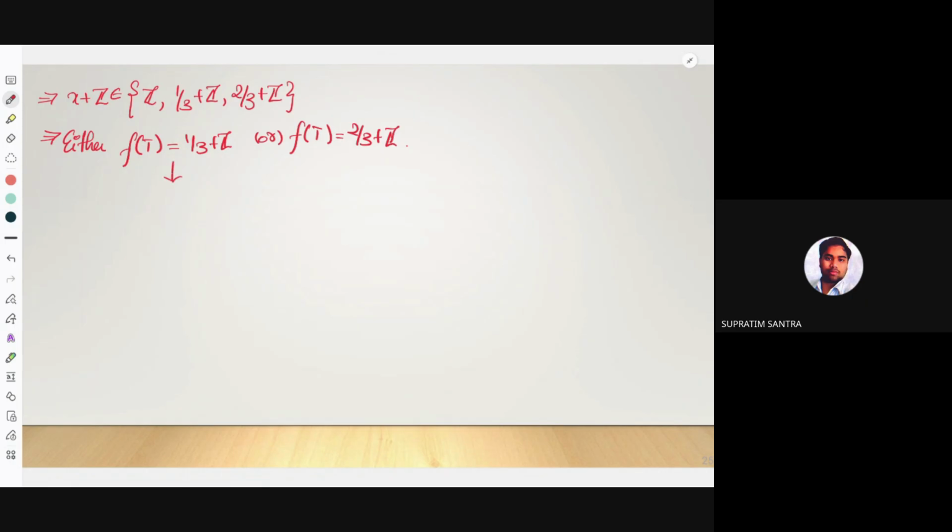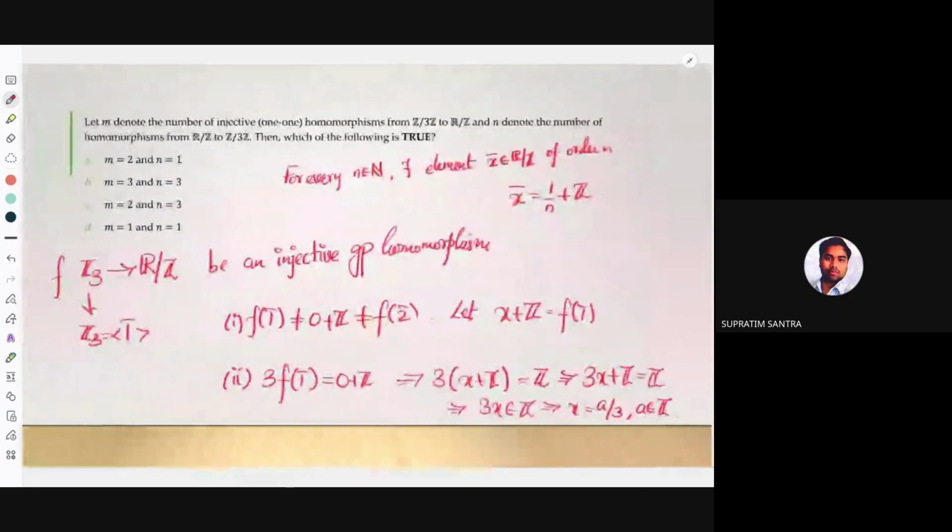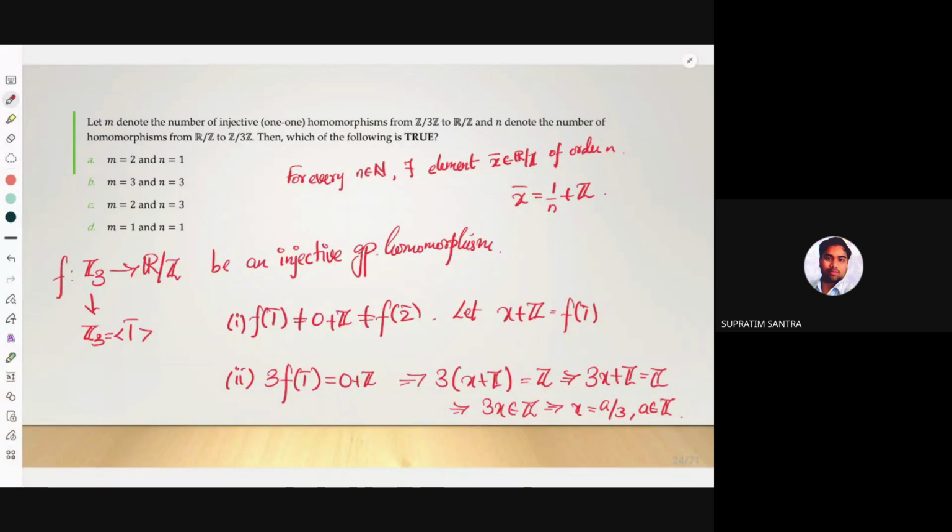In this case, 0 bar goes to Z, 1 bar goes to 1 by 3 plus Z, and 2 bar goes to 2 by 3 plus Z. So this gives an injective map. And in this case, 0 bar goes to Z, 1 bar goes to 2 by 3 plus Z, and 2 bar goes to 1 by 3 plus Z. So these are in fact the 2 injective homomorphisms possible from Z3 to R mod Z, which implies M is 2. Right? So we have got M is 2.